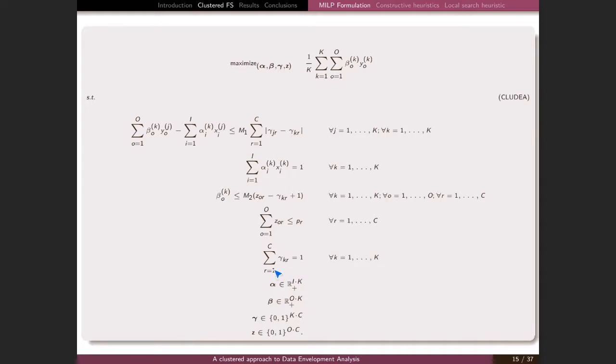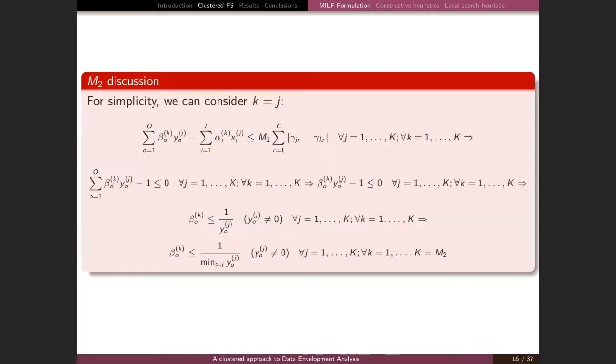Something that we can see in this formulation is that we have the big Ms, M1 and M2. We have some discussions about the values of M2 and M1 in order to impose higher values, because if we impose lower values for these big Ms, we can avoid a good solution.